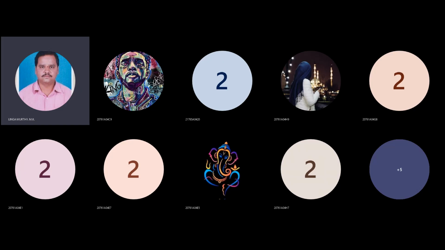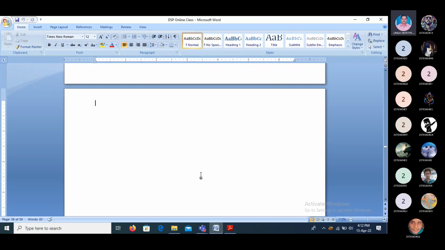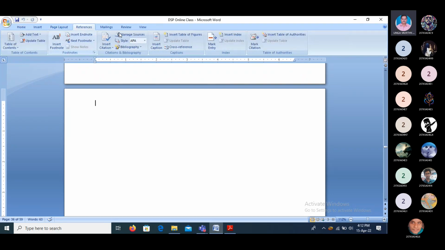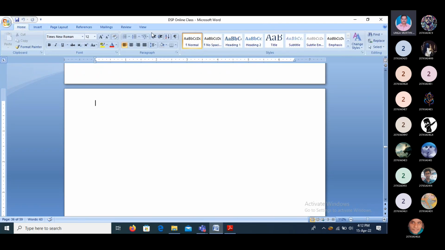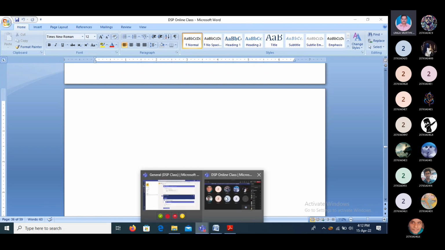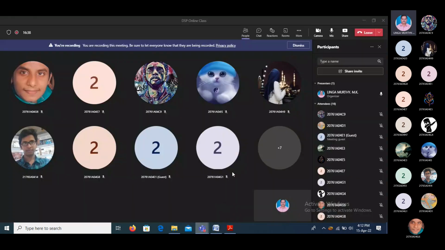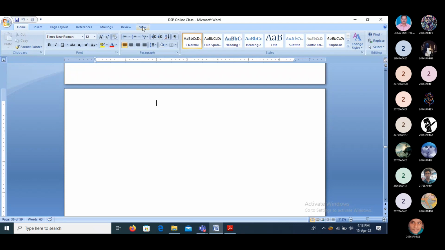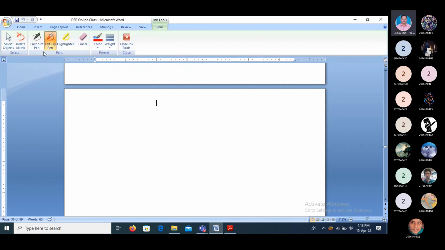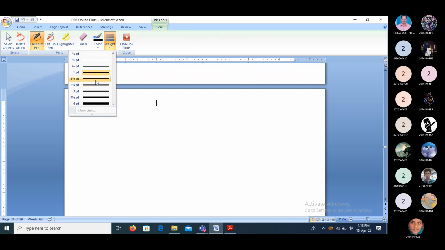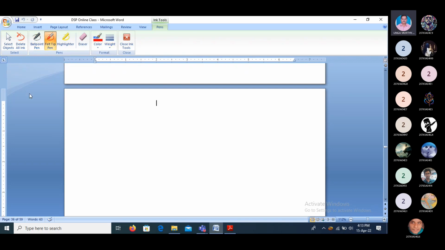Solve the difference equation of discrete time LTI systems using Z-transformations. So the heading is: now we'll start the solutions of LCCDE.